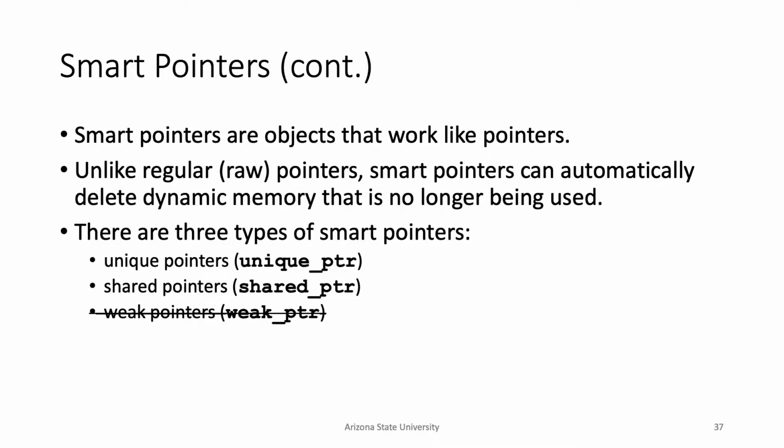What is 1 less than 1? 0. So if the counter ever becomes 0, then the destructor's called. The shared pointers maintain their resource for you. You do not have to call new and delete at any point with a smart pointer, which is awesome.